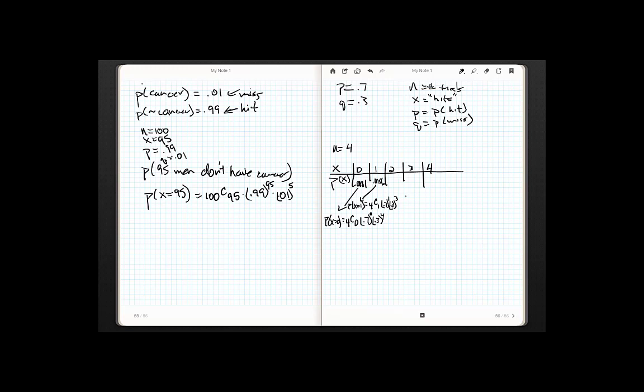And I'm just going to blow these through my calculator real quick. 4 choose 2, 0.7 squared, 0.3 squared, and I end up with 0.2646.